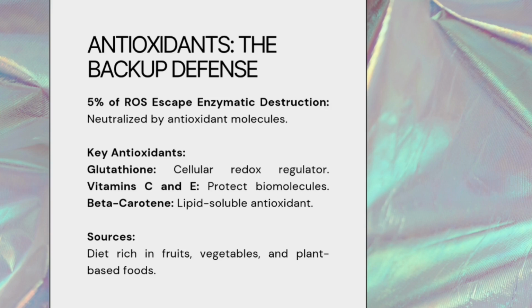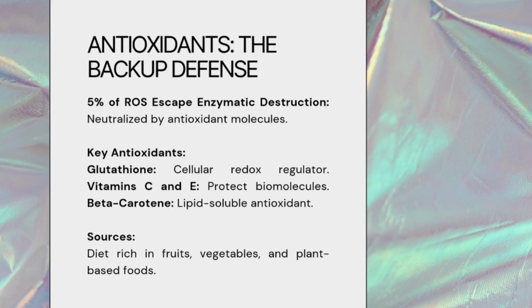Operating within a cell is a backup system, a network of antioxidants to deal with this problem. Participating in this antioxidant network are glutathione, which is a cellular redox regulator. Another is vitamin C and E. These protect biomolecules.